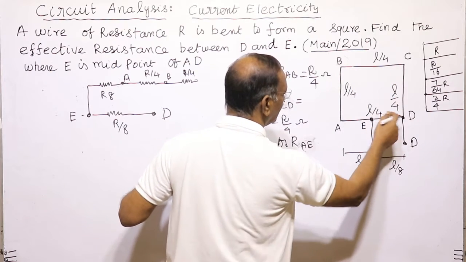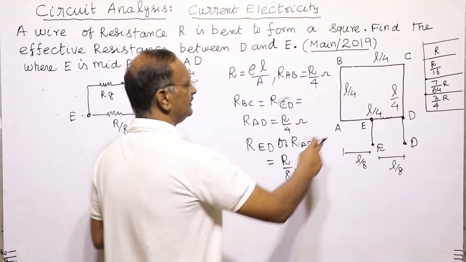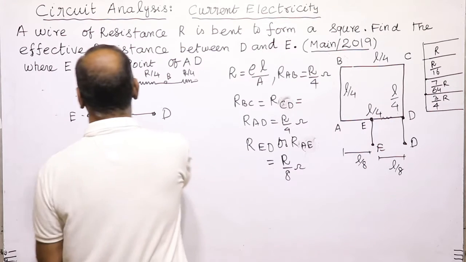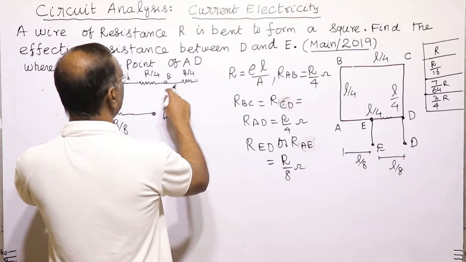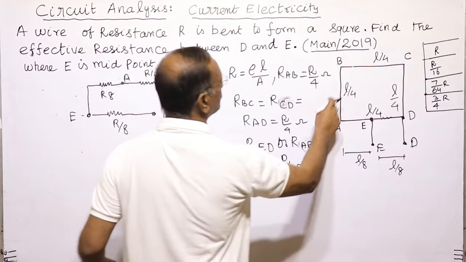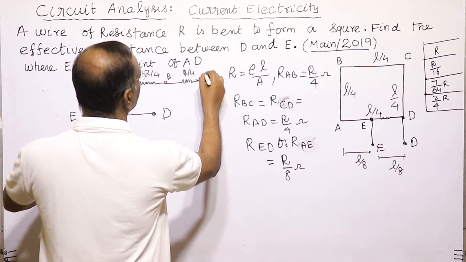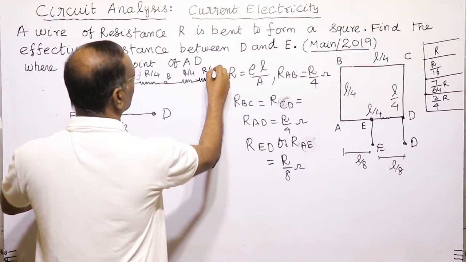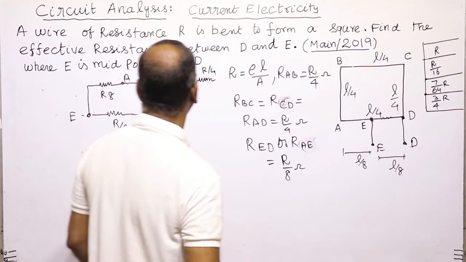These are all in series, from E to A, then A, B, C and D. That is R by 8, R by 4, R by 4 and R by 4, which gives 3 R by 4 for the ABCD portion.